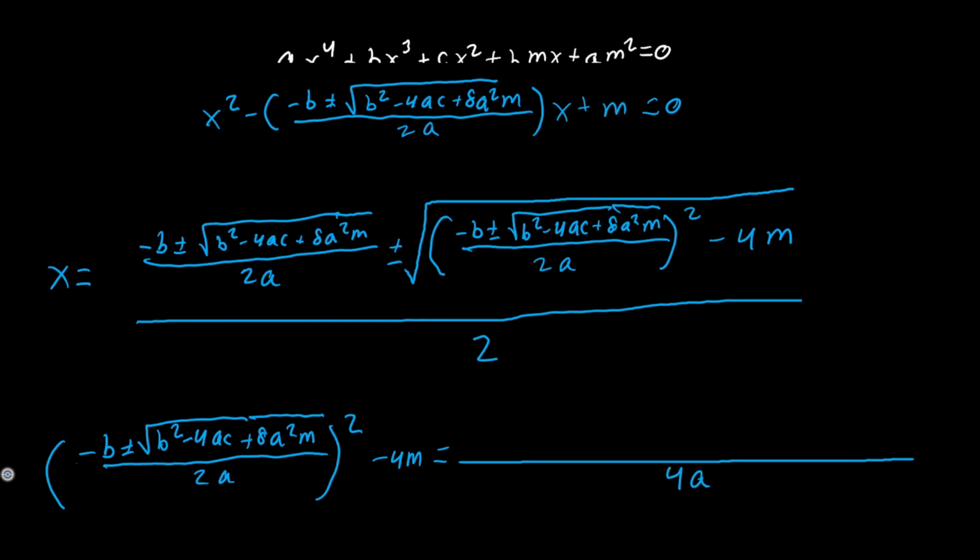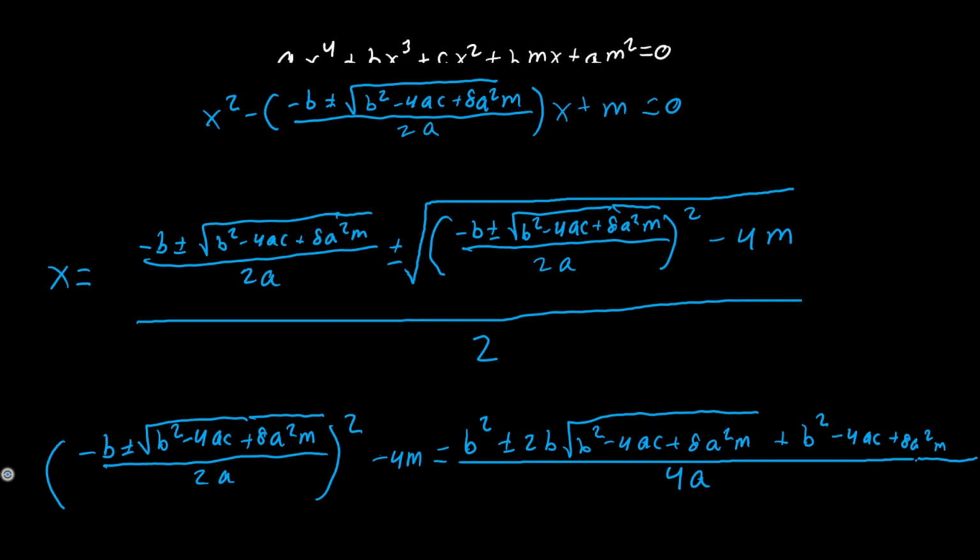4a, and using the difference of squares or a perfect square formula, we will have b squared plus or minus 2b times the square root of b squared minus 4ac plus 8a squared m, and all of this squared, so that we will have plus b squared minus 4ac plus 8a squared m.